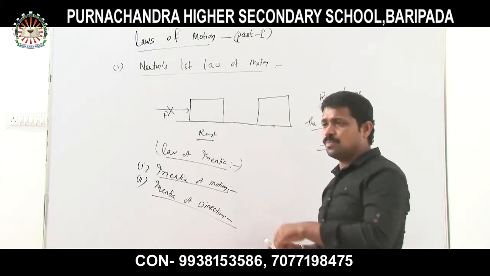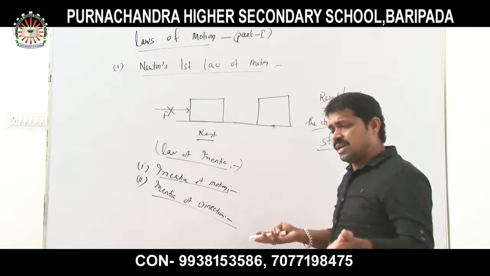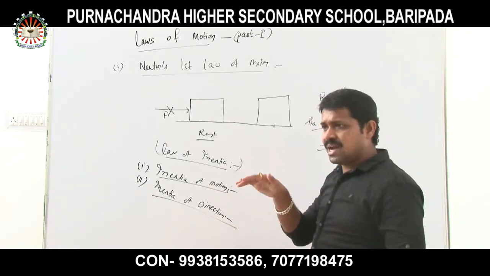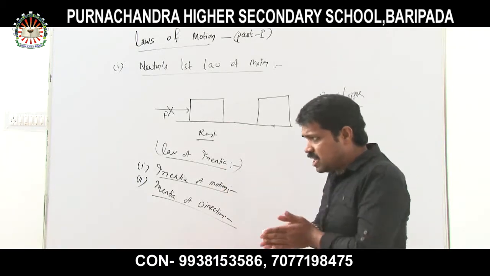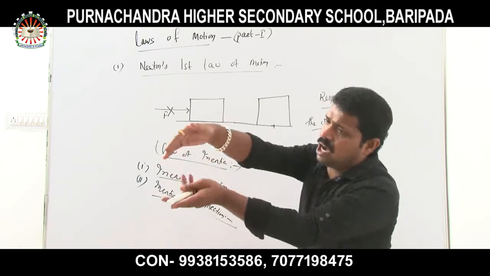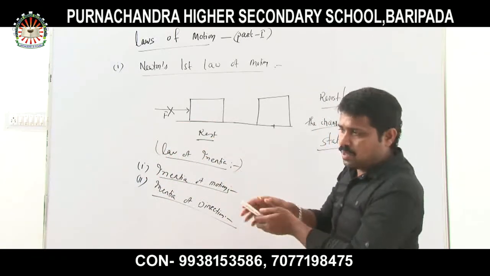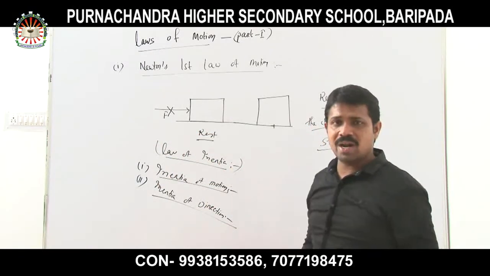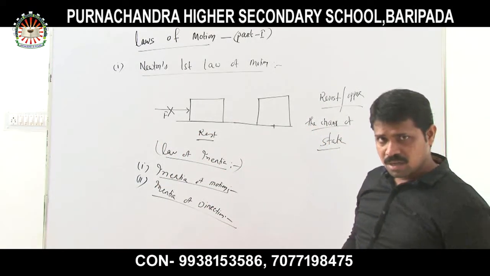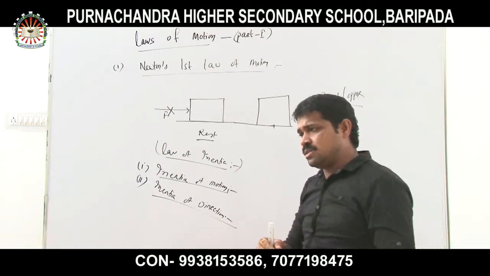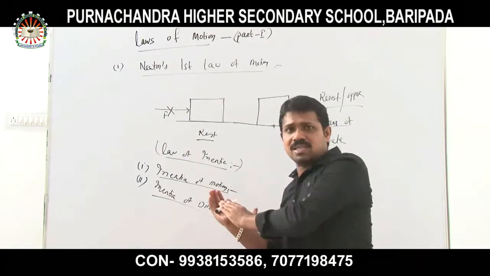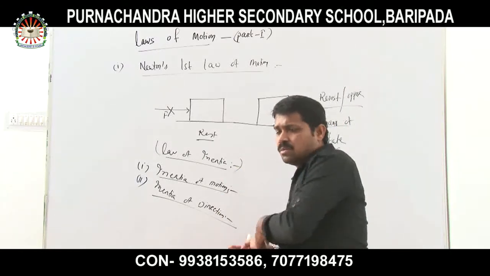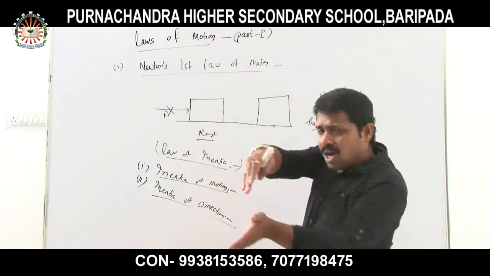Suppose we are moving in a bus, again the same example, with the passenger inside it. We are moving in a straight path, and suddenly there is a sharp turn. When the bus driver suddenly turns it, then what happens? The person moves to the other side of the curve.